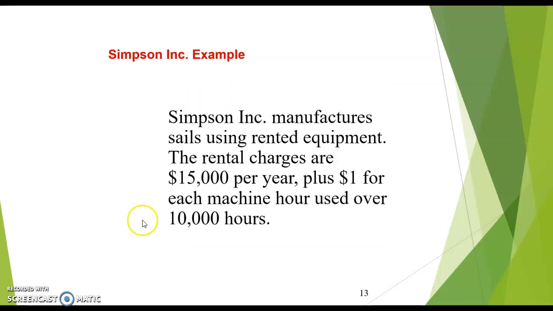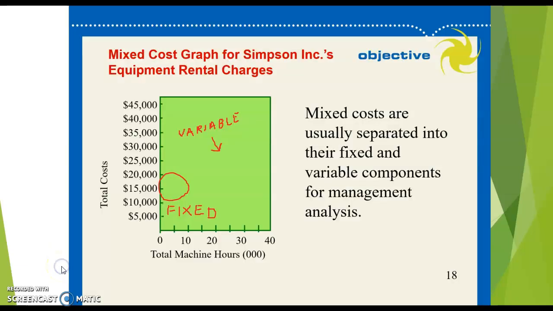Here's an example. Simpson Company rents equipment at $15,000 for the first 10,000 hours that they use the equipment. After that, the company has to pay $1 for every machine hour used above the 10,000 hours.